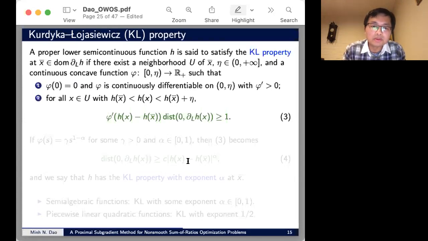In order to do that, we need the notion of the Kurdyka-Lojasiewicz property, or we call it the KL property.